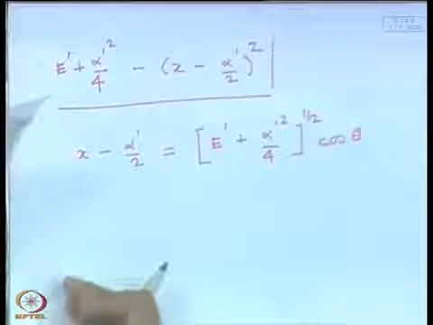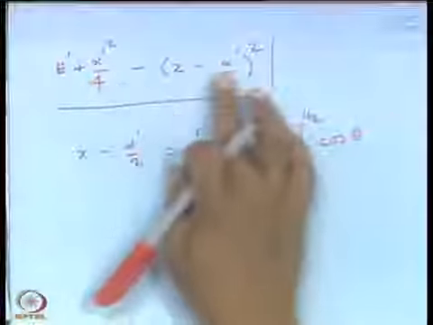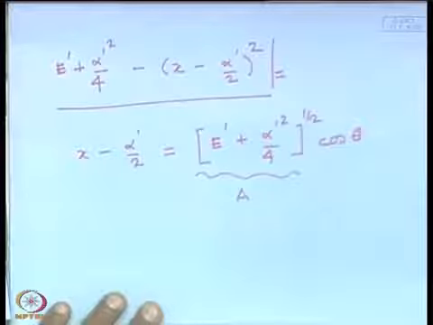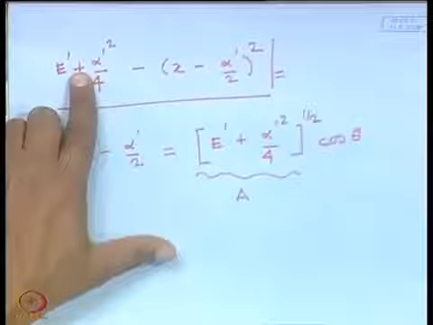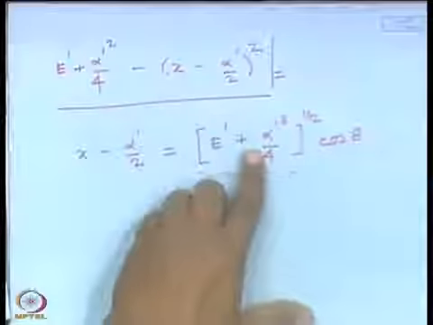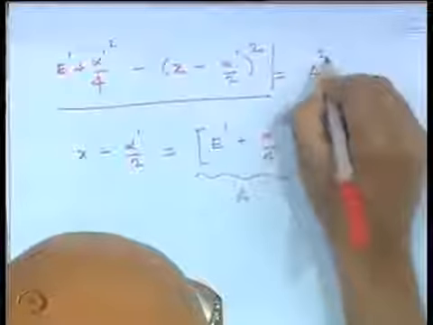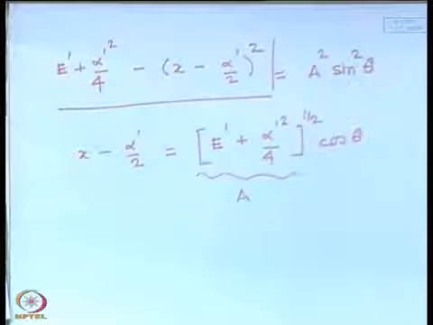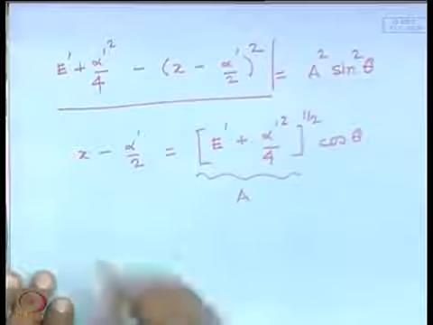If I call this A, the denominator term becomes A squared minus A squared cos squared theta, so this will become A squared sin squared theta.